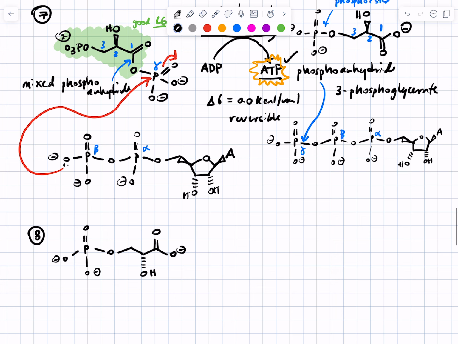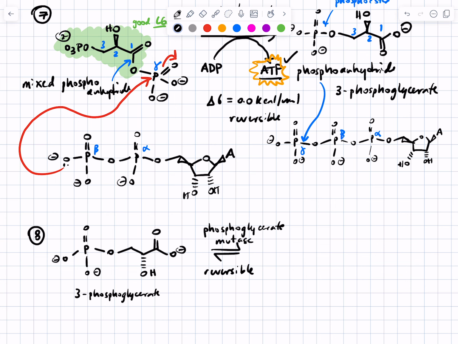All right, this is 3-phosphoglycerate. And the reaction that we're going to do next is a reversible reaction. It is catalyzed by an enzyme called phosphoglycerate mutase.